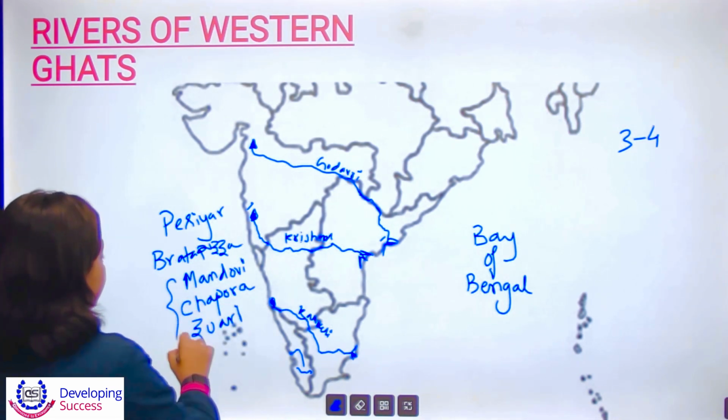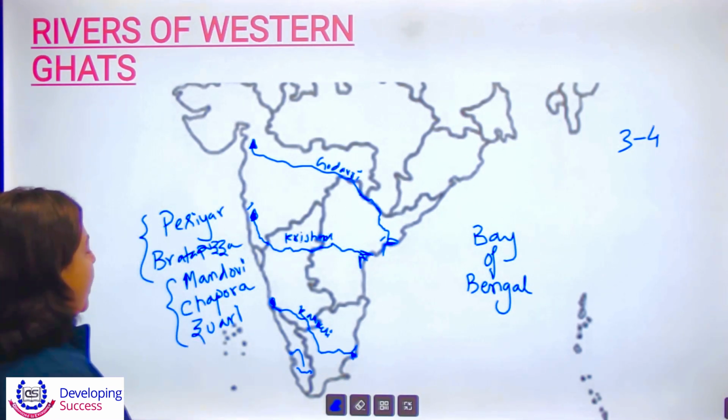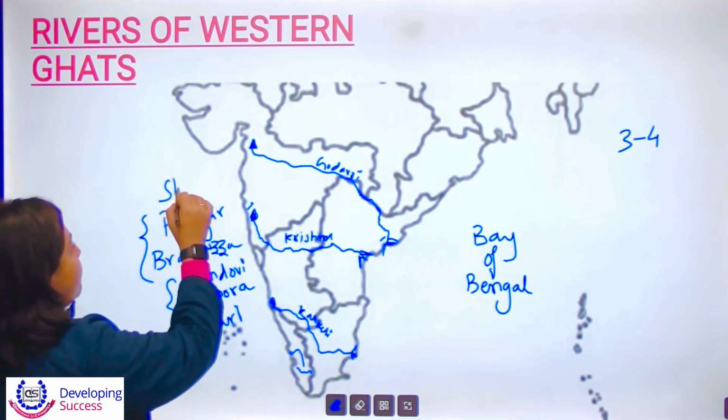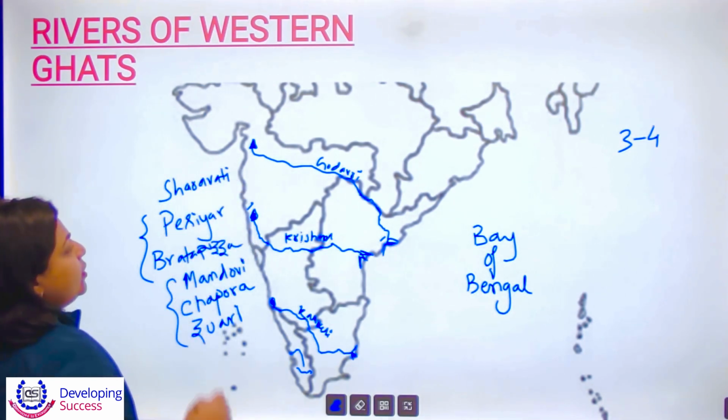So these three are in the Goa state, Periyar and Bharatapuzha are in Kerala. And also in Karnataka we have one more river, Sharavati. Okay, so this river is also west flowing.